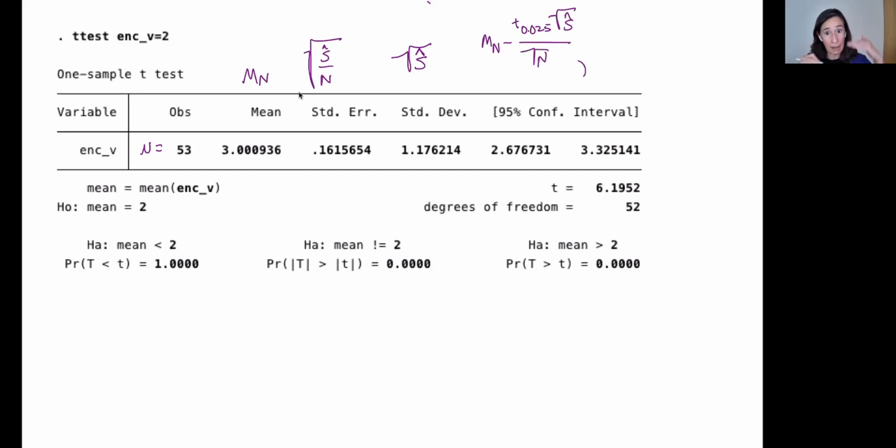That's the bottom boundary of my confidence interval, and the higher boundary, the 3.32 here, is plus the t statistic times the estimate of the standard deviation divided by root n.